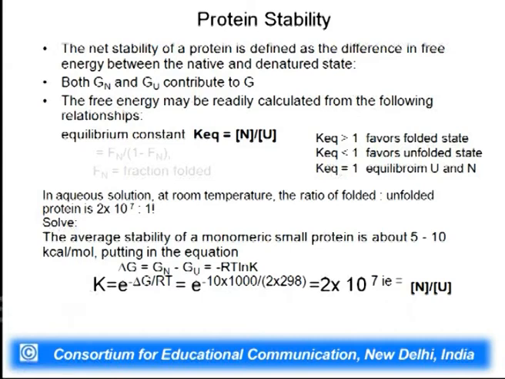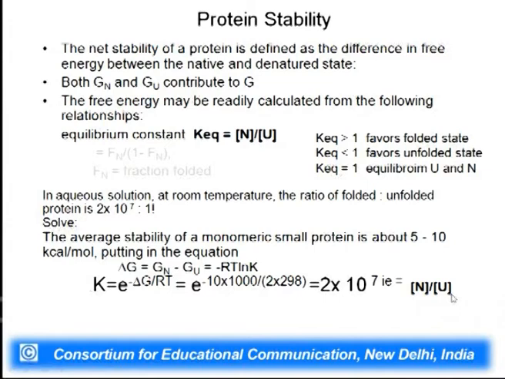If we want to find that out, we can simply take the K equilibrium value. Here K is equal to e to the power minus delta G by RT, and solving this we get 2 into 10 raised to power 7. That means for every 2 into 10 raised to power 7 native molecules, there is one unfolded molecule.